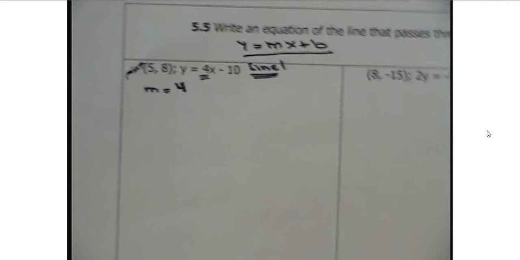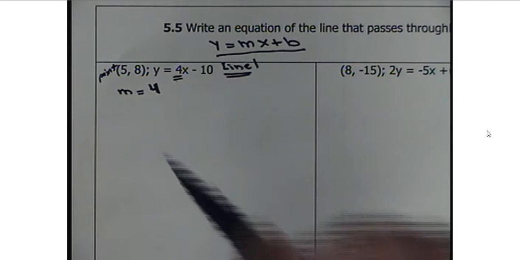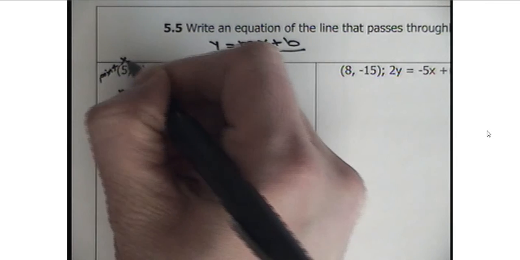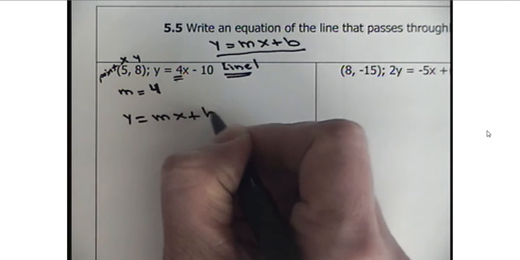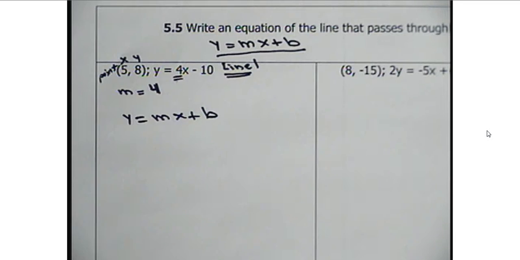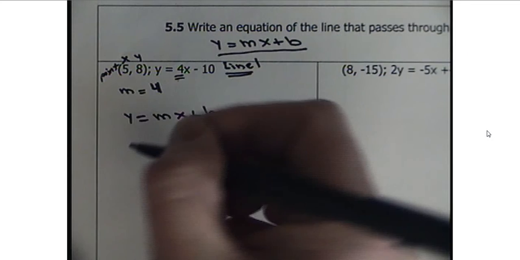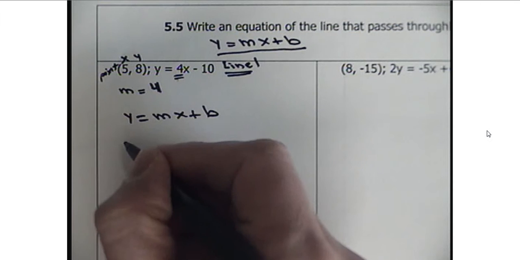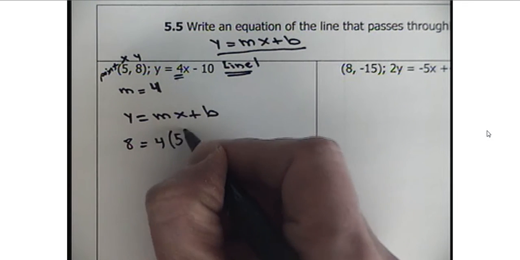So now, since we copied the same slope and we have the point with coordinates x and y, I'm going to use y equals mx plus b form. We'll substitute everything I know, calculate b, and rewrite the second equation. Okay, so now y is 8 equals 4 times x is 5 plus b.